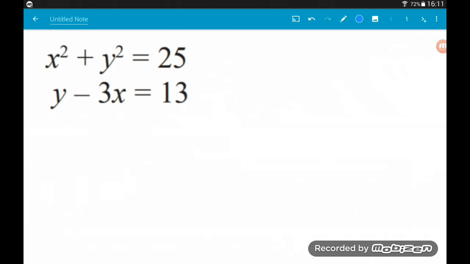It's actually the equation of a circle centered at the origin with radius 5. So the top guy is a quadratic and this bottom guy is a linear equation. So the technique we use to solve these guys is called substitution. So that's what we're going to be doing with this example.